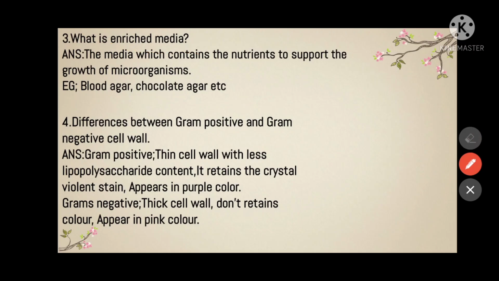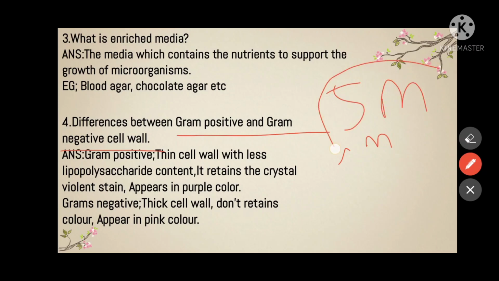Then the differences between gram positive and gram negative cell wall. One more important point I want to tell you. See here, the same questions you write in 5 marks are repeated in 2 marks questions. Maximum questions you completed in 5 marks, if they do not ask in 5 marks, definitely they will ask in 2 marks.